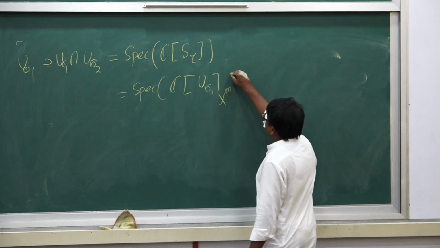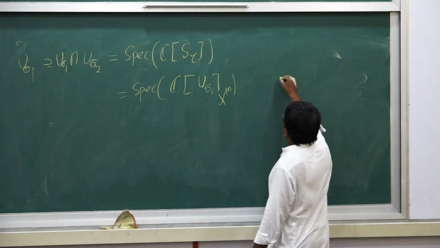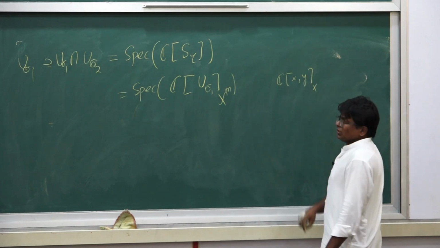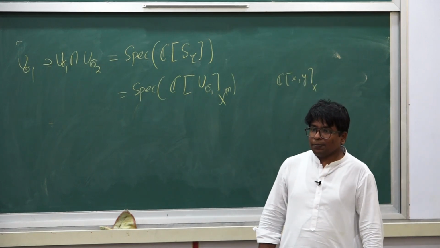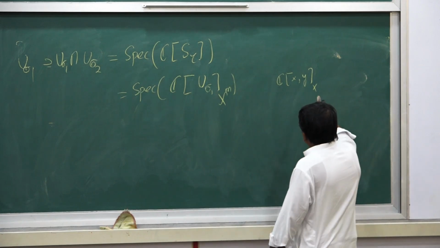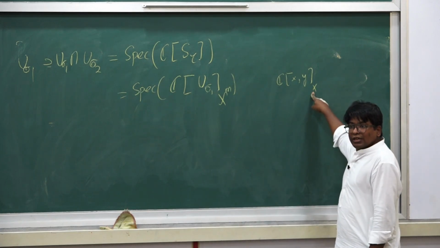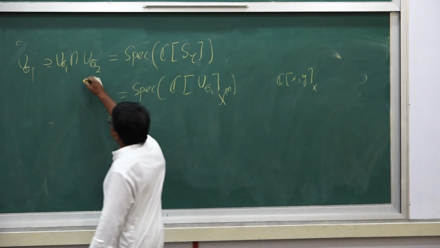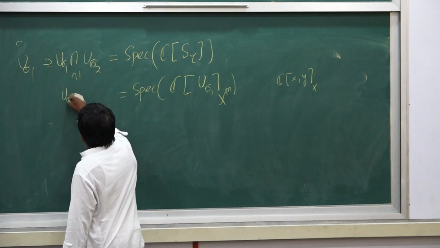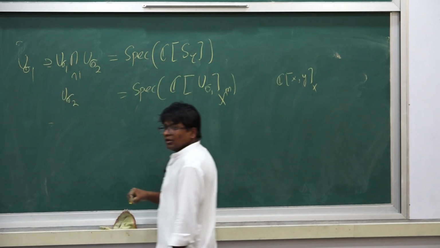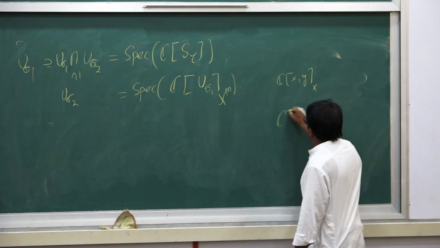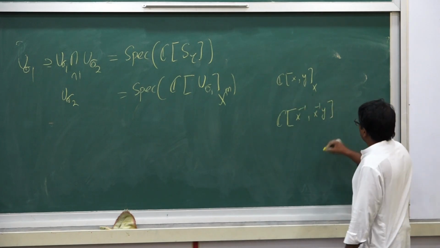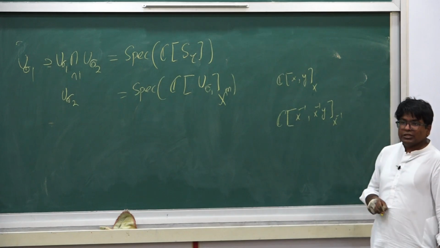So that would mean in our case for C[x, y], that is localization on x. And then of course you can realize this thing as a subset in U sigma 2 as well, and there the localization would be C[x inverse y] localized at x inverse.